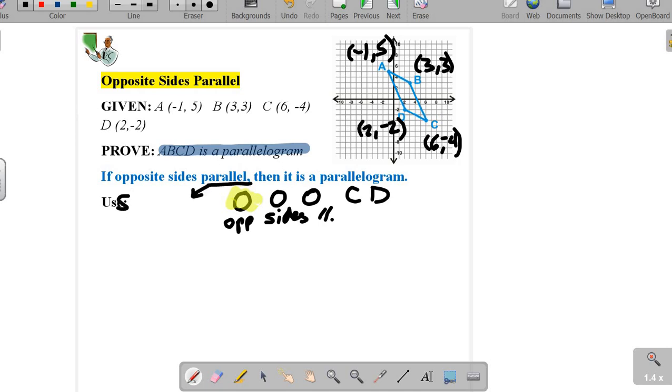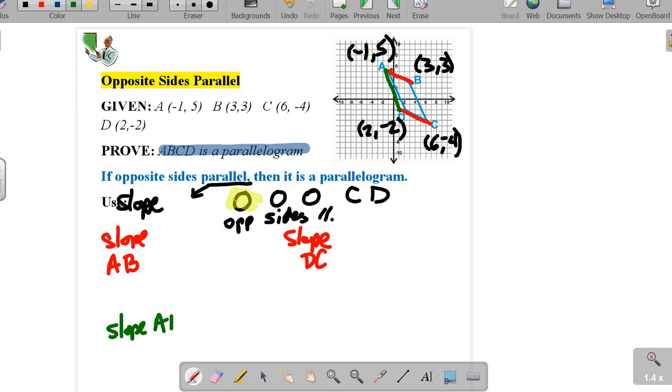We are going to use slope. So we're going to find the slope of AB and the slope of DC. And then we're going to find the slope of AD and the slope of BC.